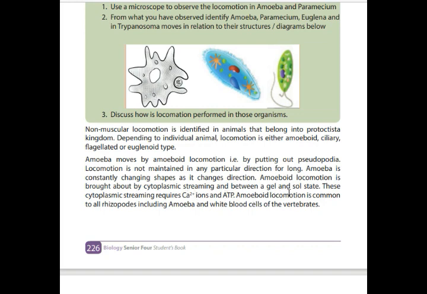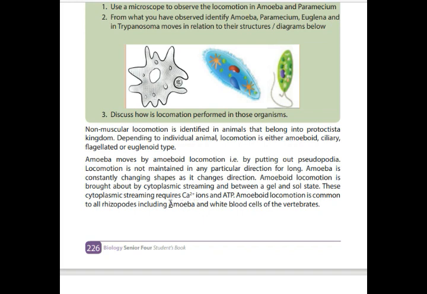This cytoplasmic streaming requires calcium ions and ATP energy. Amoeboid locomotion is common to all rhizopods, including amoeba and the white blood cells of vertebrates.